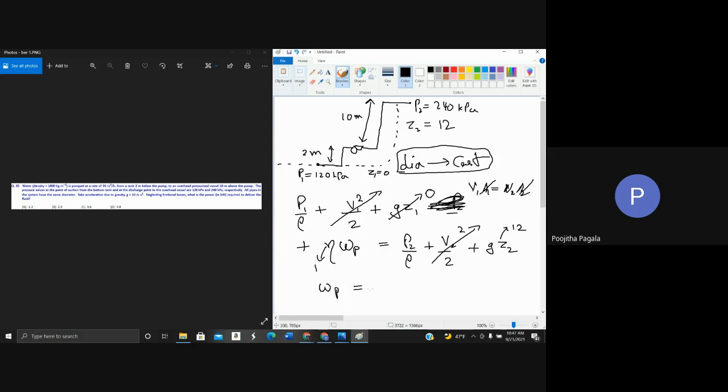WP is equal to (P2 minus P1) by rho plus GZ2. And what is the flow rate they have mentioned? They have mentioned the flow rate is 36 meter cube per hour.